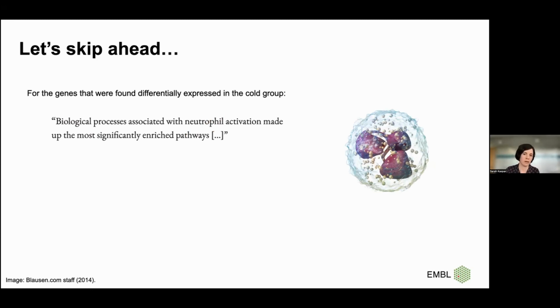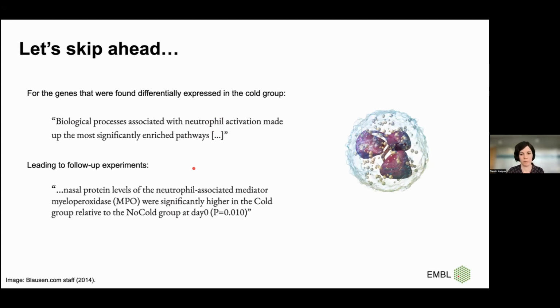And if you have a hypothesis from such a genetic screen, a transcriptomic screen, what you can do is follow-up experiments. And we will look at one of these. So what they did, they tested nasal protein levels to test their hypothesis, of some proteins that are indicative of neutrophil activation, and here it reads that the nasal proteins were significantly higher in the cold group relative to the no cold group, and a p-value.